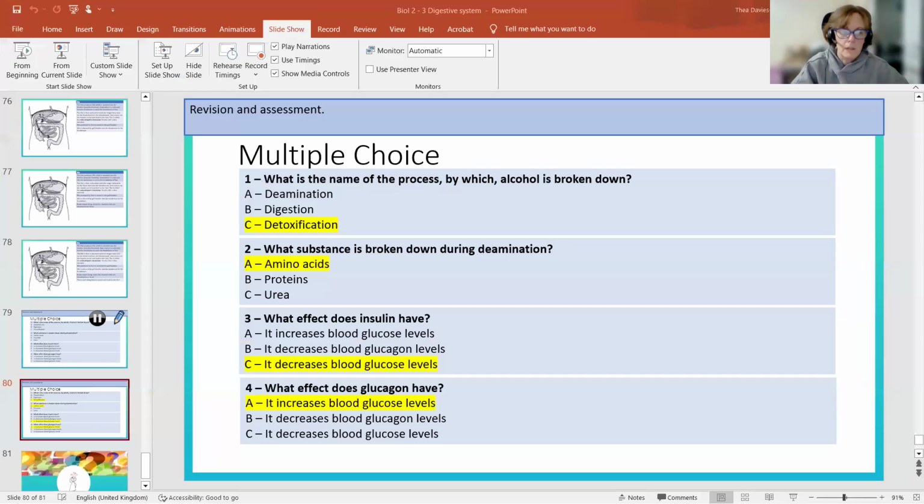Okay. Right. Any questions on that before I pop the next slide up? Actually, I suppose what I should ask as well is, did you find the content on movement across the cell membrane okay after last week?